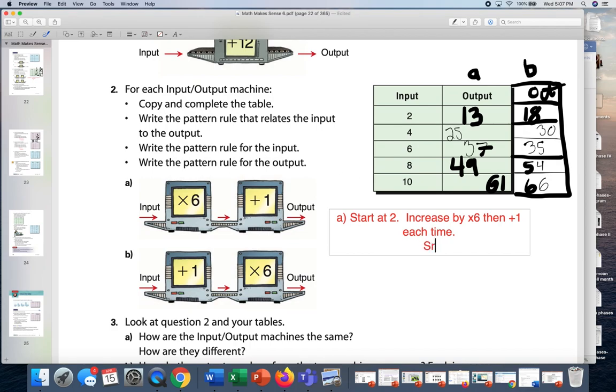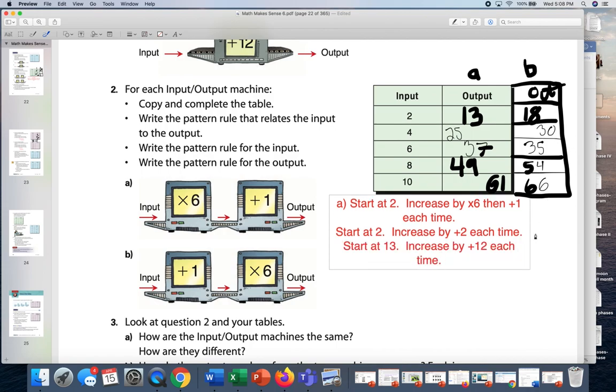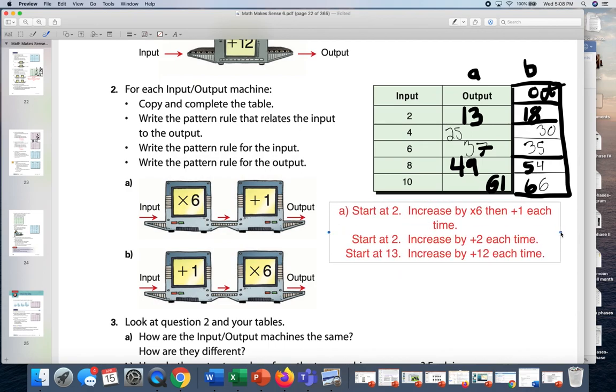Start at 2, increase by adding 2 each time. Then we have to say the pattern rule for the output. Same thing, start at 13, increase by adding, how much are we going up by here? We're going up by 12 each time. Okay, so hopefully we are happy for this one.